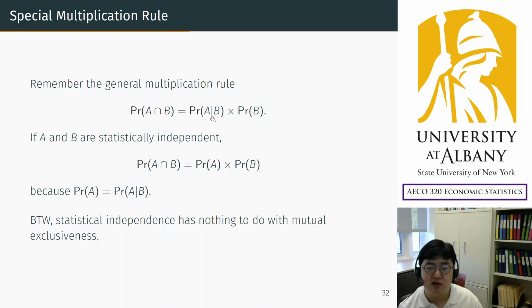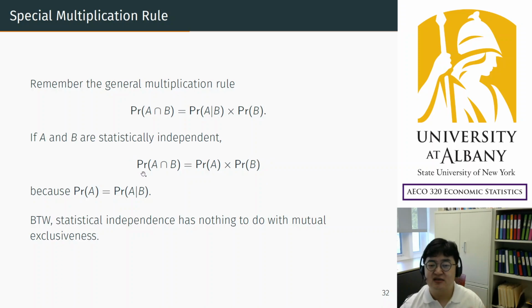When A and B are independent, the probability of A when B happened does not matter, it equals the unconditional probability. Whether B happened or not, the probability of A is the same. So you can replace the conditional probability with the unconditional probability, only when A and B are independent. If you know that A and B are independent, you can simplify the formula.